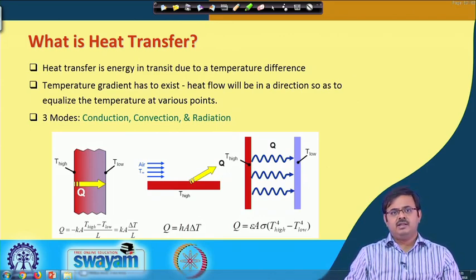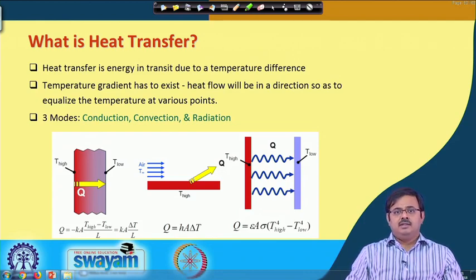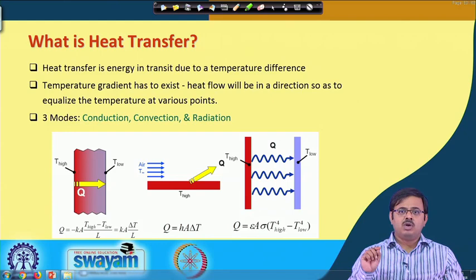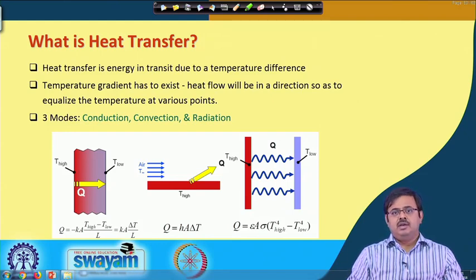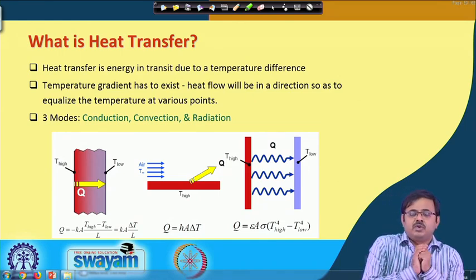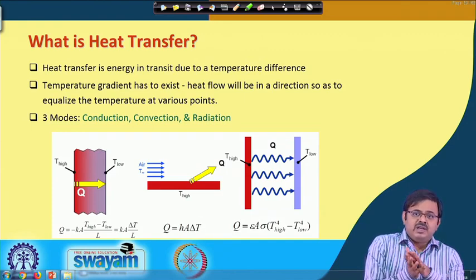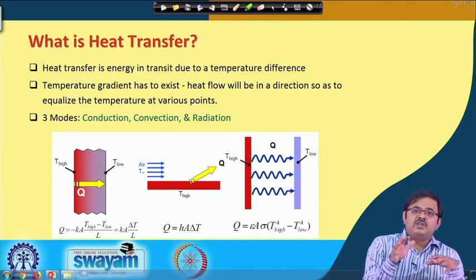Okay. And it is going to depend on this parameter small h, which is known as the heat transfer coefficient. And this heat transfer coefficient, unlike thermal conductivity, which is a material property, this heat transfer coefficient h depends on a variety of parameters.